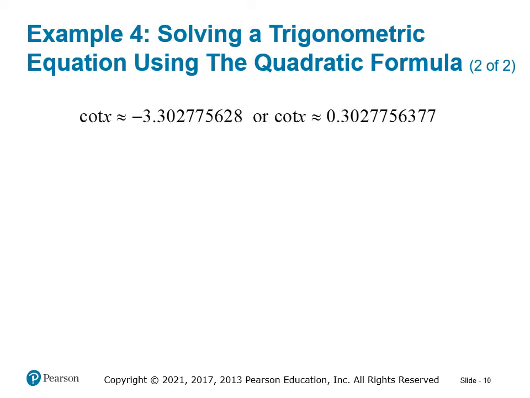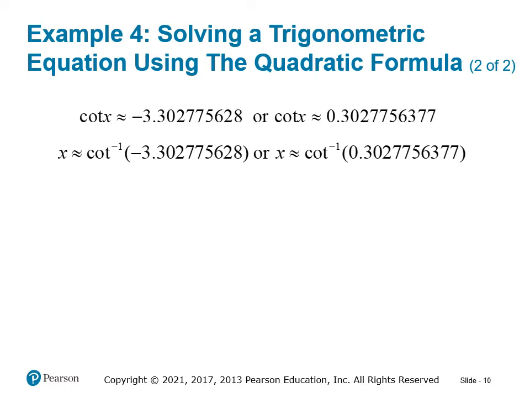So I have cotangent x equals -3.302, etc. Or the other value when I solved the quadratic formula was cotangent x equals 0.302775, etc. Okay, we're trying to find the value of x, so we really need the arc cotangent. These are radians, not known angles or exact measures, so we're going to have to use the inverse tangent button on our calculator.